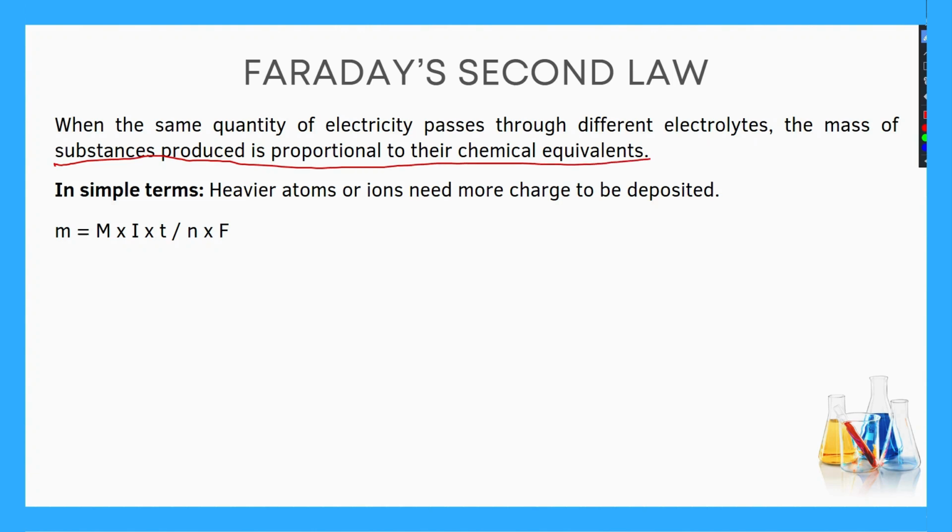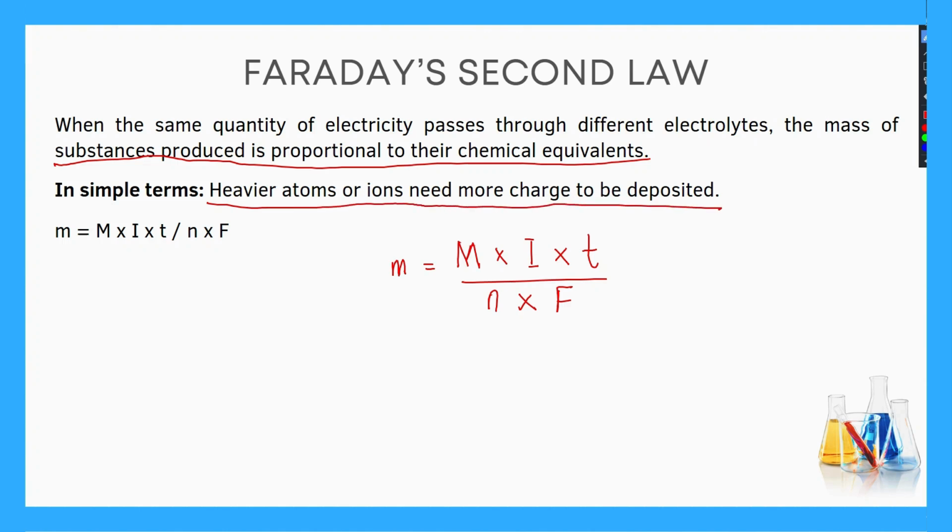Mathematically, the mass of a substance, m, is equal to its molar mass multiplied by the current in amperes, I, multiplied by the time in seconds, t, divided by the number of electrons involved in the reaction multiplied by Faraday's constant. In simple terms, the second law says heavier atoms or ions need more charge to be deposited.